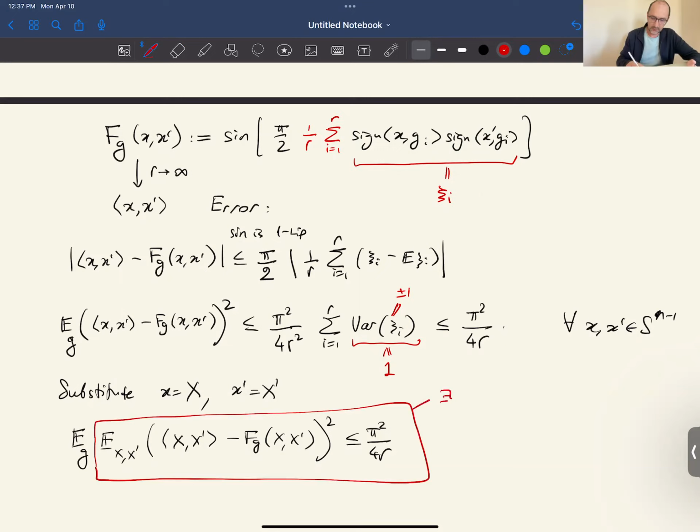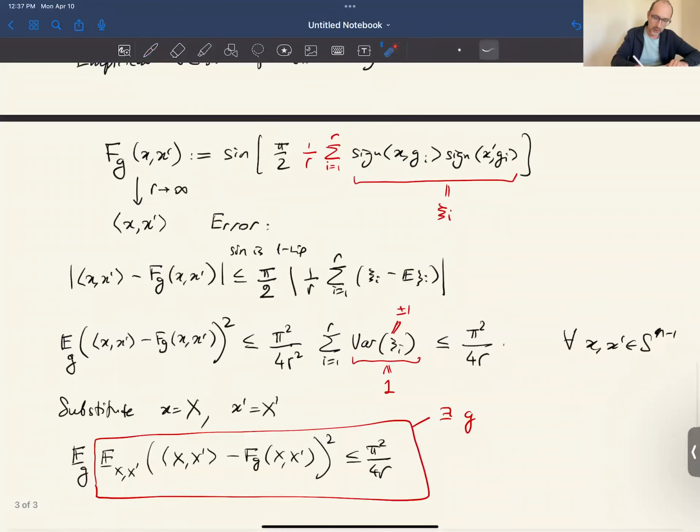Actually, it's not just g, it's g_1, g_2, g_3, and so on. Remember, this is our sample. So there exists a realization of g_1, g_2, etc. through g_r, so that this holds. Perfect.